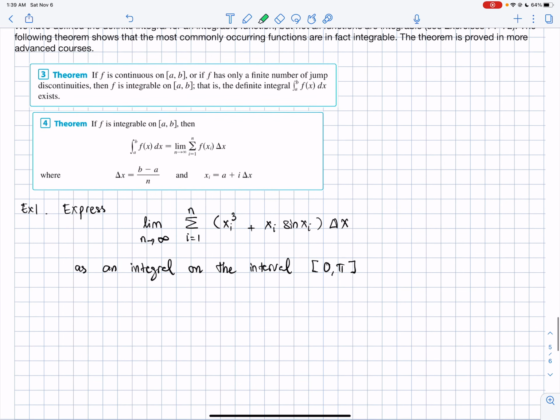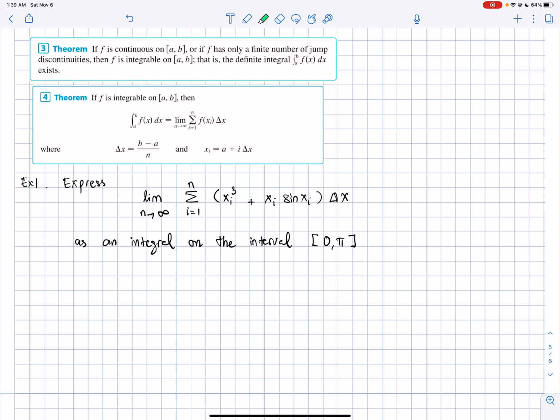Now we have theorem number 4, and this theorem is very similar to the definition. In this theorem, they are using the right endpoint because they are starting from i equal to 1, so you get x1.